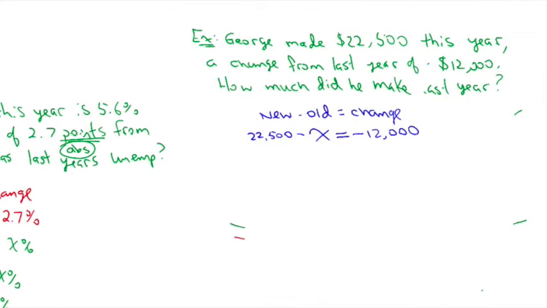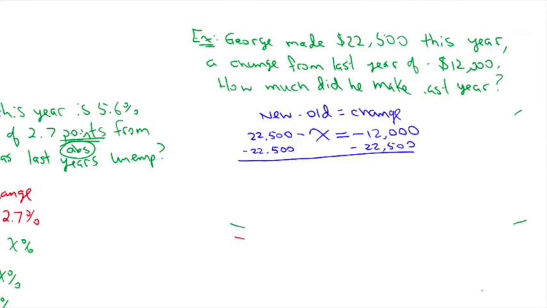Same trick applies. Take the X and the 12,000 and switch them. Flip flop. No, this one's negative now. You can't just flip flop. So you're kind of stuck going the other way. Subtract 22,500 from each side. To get the X by itself, how do I write it?